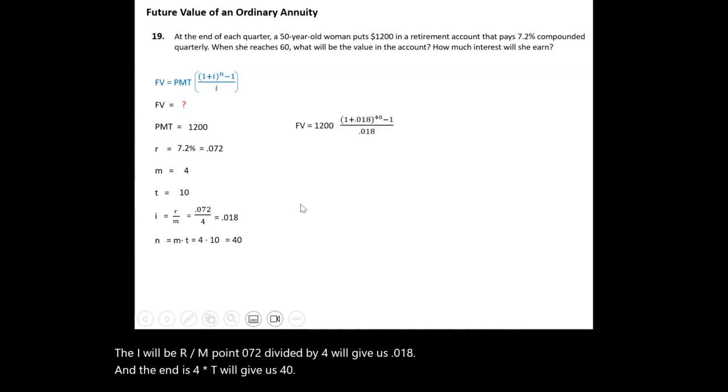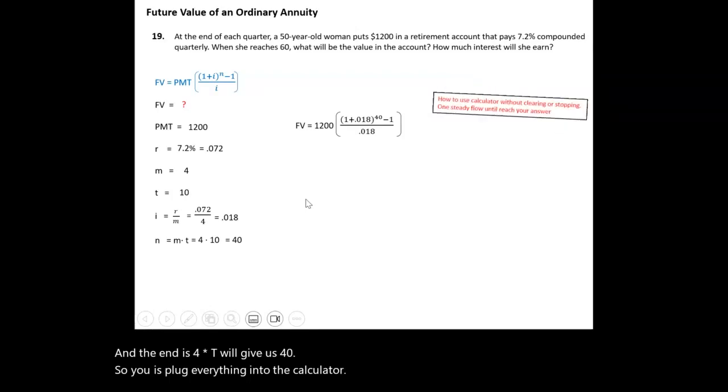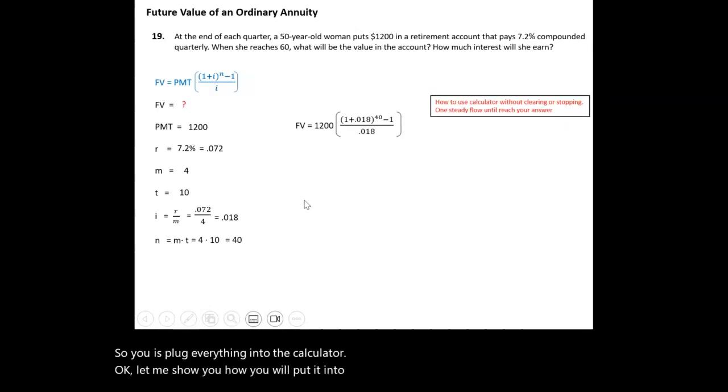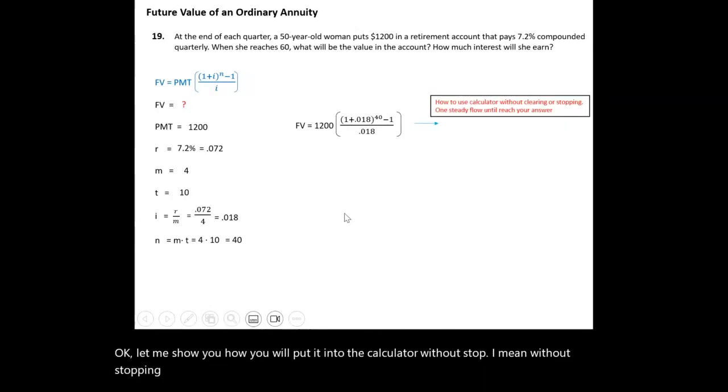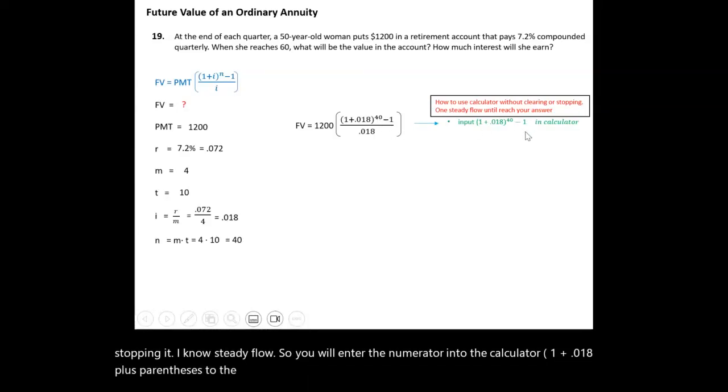So all we do is plug everything into the calculator. Let me show you how you will put it into the calculator in a steady flow. You will enter the numerator: parentheses 1 plus 0.018 close parentheses to the power of 40, minus 1.